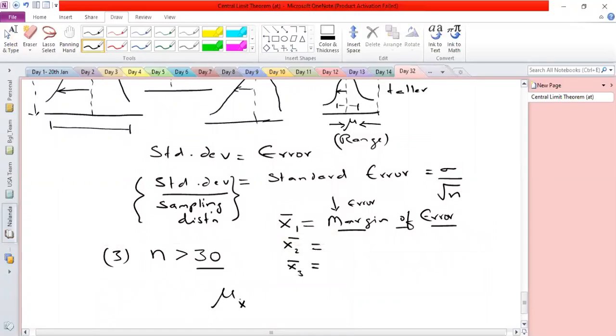This mu of x bar is nothing but x1 bar plus x2 bar plus up to xk bar, divided by k. Any questions?